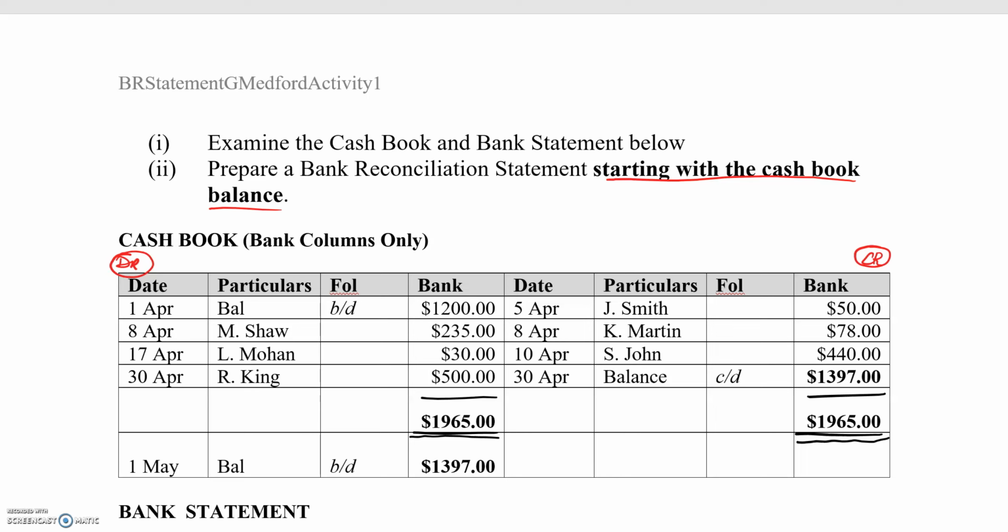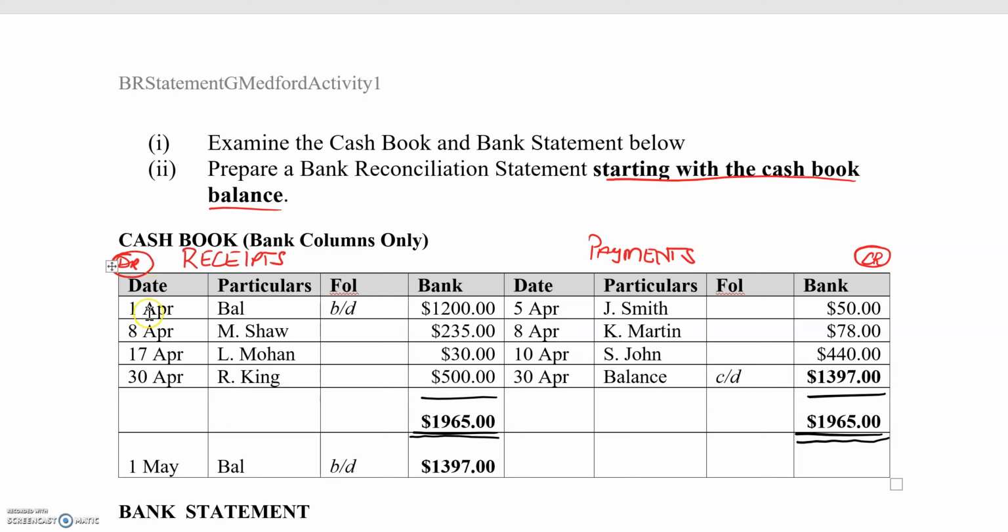We already established in parts 1 and 2 that the debit side of the cash book is for the recording of receipts, and the credit side of the cash book is for the recording of payments. So all these debit entries represent money received. These credit entries represent monies paid out or payments made.